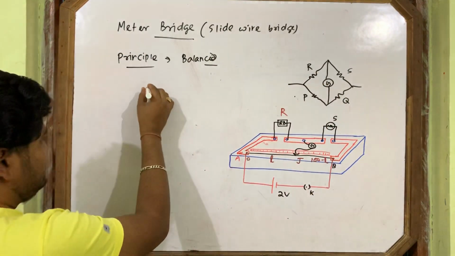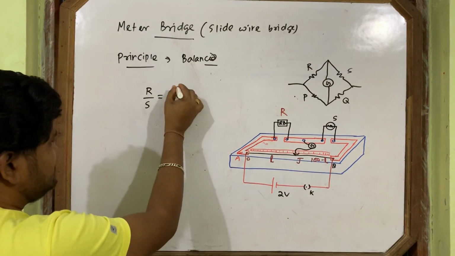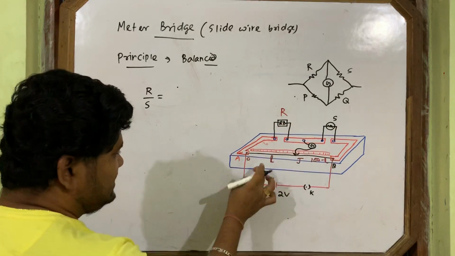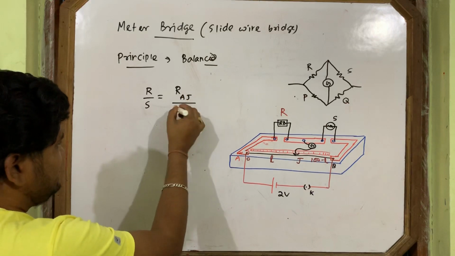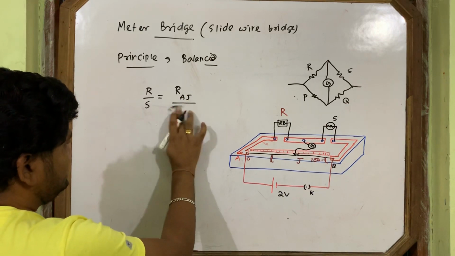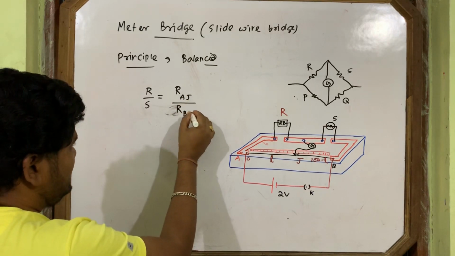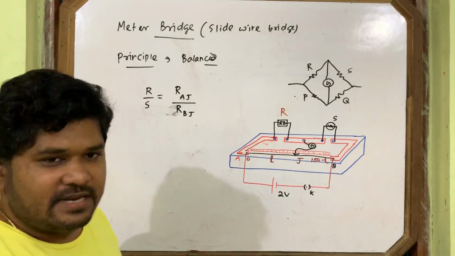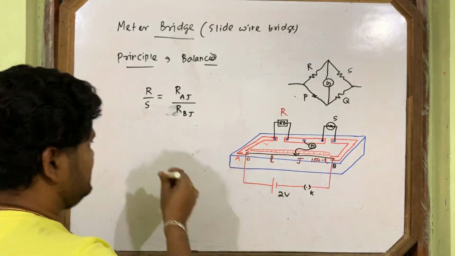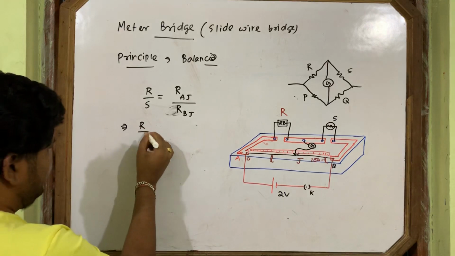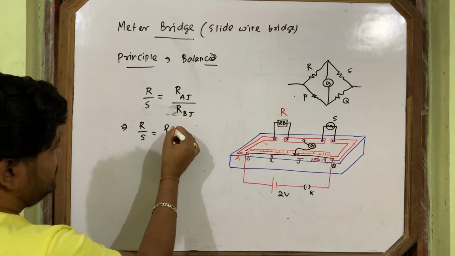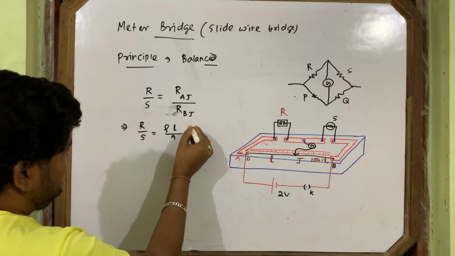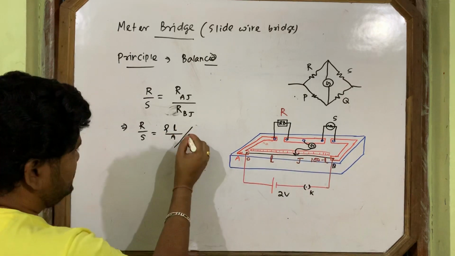So we can write the formula R by S equals P by Q, meaning the resistance of AJ by the resistance of BJ. Then R by S: the resistance of AJ is how much? That is rho L by A. The resistance of BJ is how much?